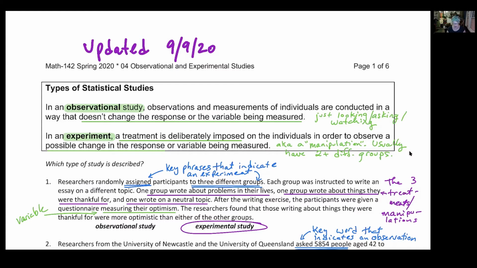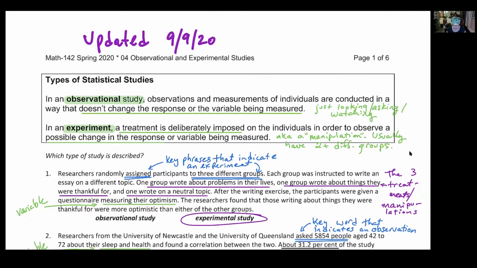Now, mind you, in an experiment, you put people into groups, and then often you look for a change by asking people some questions or observing differences, right? But that's not an observational study. That's just following up on what you had people do and looking for a change. Okay, it's a little subtle difference.